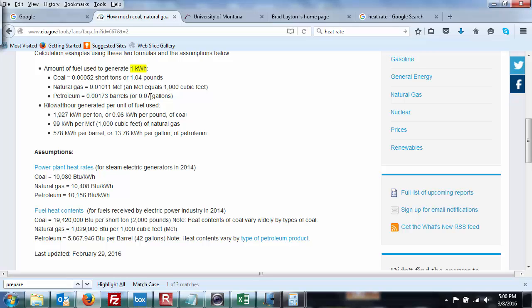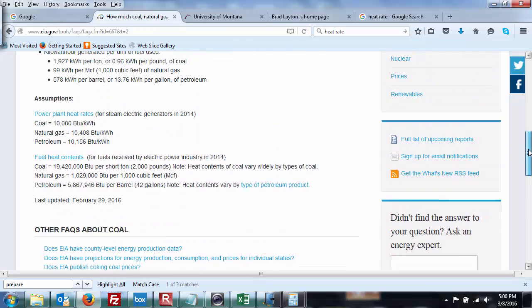Kilowatt hours produced, so this many kilowatt hours per ton, this many kilowatt hours per MCF. Assumptions. What we're looking at is that there's some average BTUs per kilowatt hour for coal, some average for gas, some average for petroleum. I'm not seeing anything about losses here.